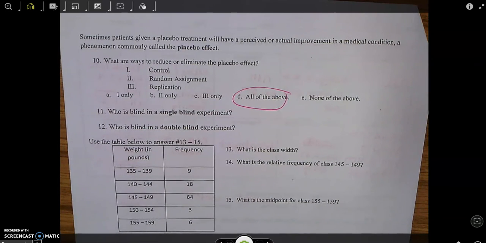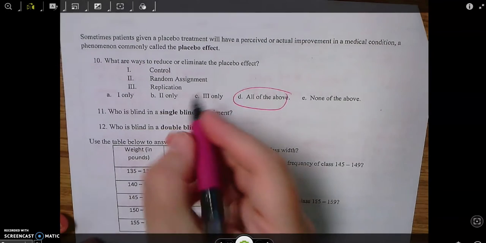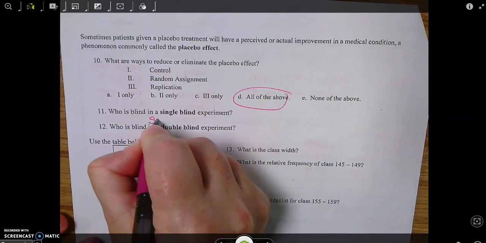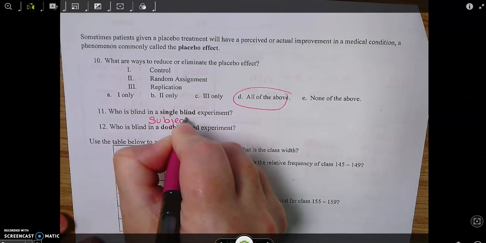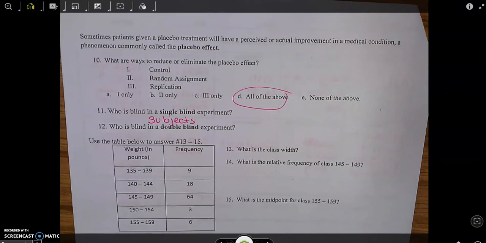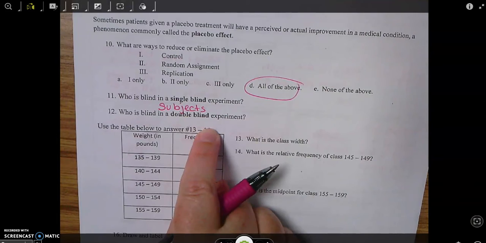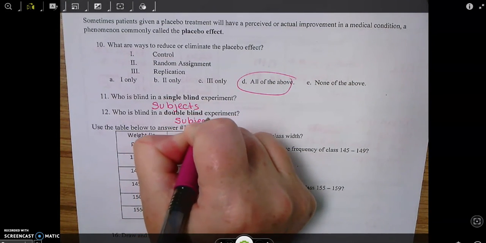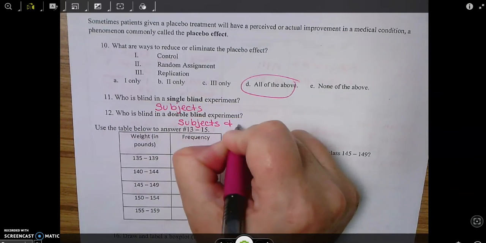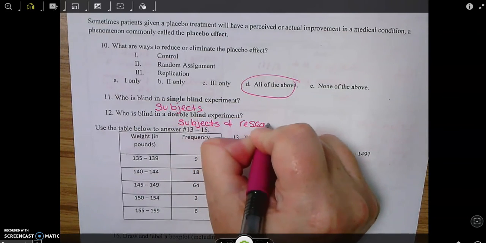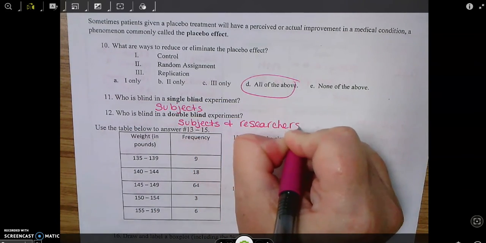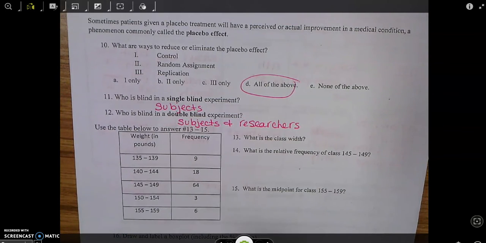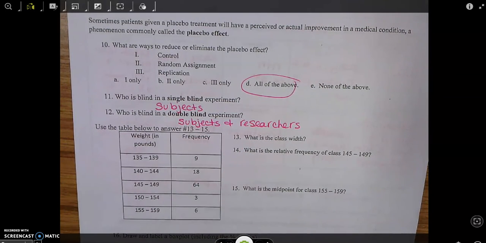Now, who is in a single blind experiment? It's just the subjects. So the researcher knows who has the placebo and who has the actual medicine. A double blind means the subjects and the researchers, so neither group knows who's getting it.